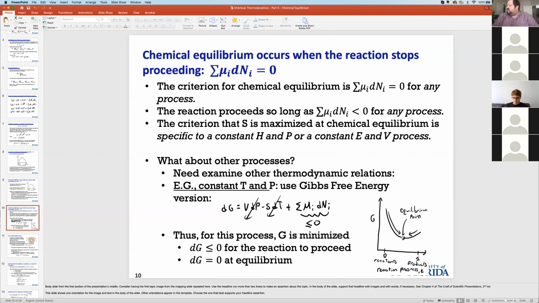and the minimum point here would be the equilibrium point. Now, you may be wondering, why isn't entropy maximized for this choice of variables? Because you are fixing the temperature, you are adding or removing heat from the system, and so the change of entropy is allowed to be negative.